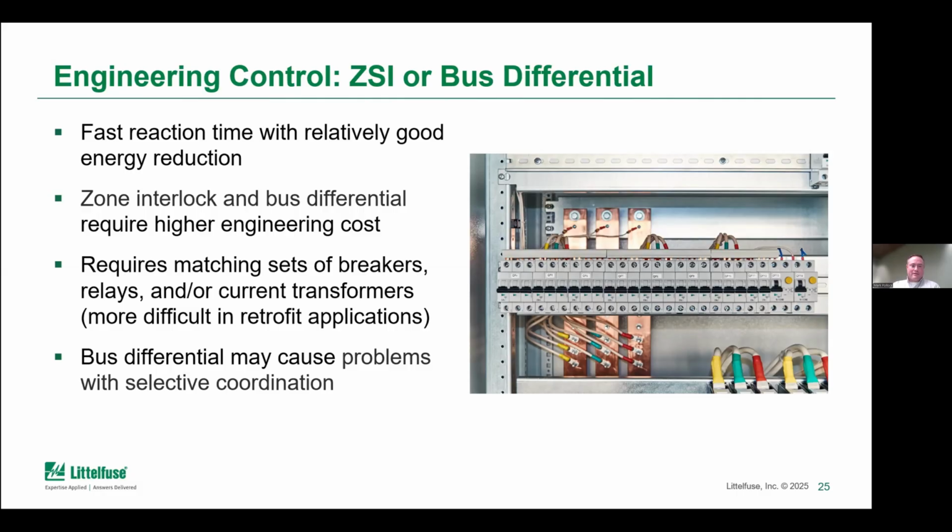And it might dictate needing to use a certain brand of equipment or have matching brand. And as well, when you are doing some of this fast acting protection with the bus differential, it can, we'll say, interrupt your normal selective coordination, because now you need to react faster and you're not taking that coordination into account.